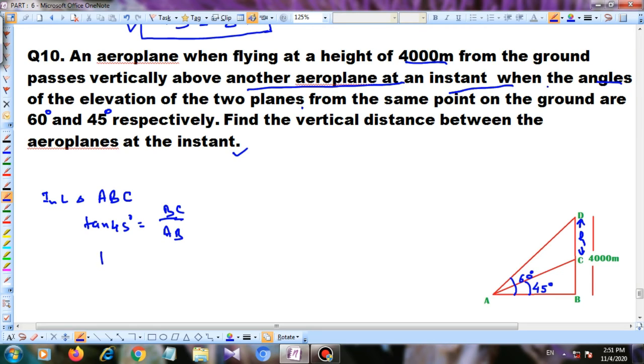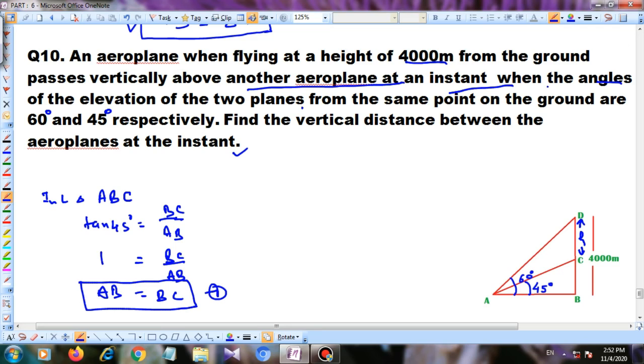You know the value of tan 45 is 1. So this is BC upon AB. So AB will be BC. This is our first equation.